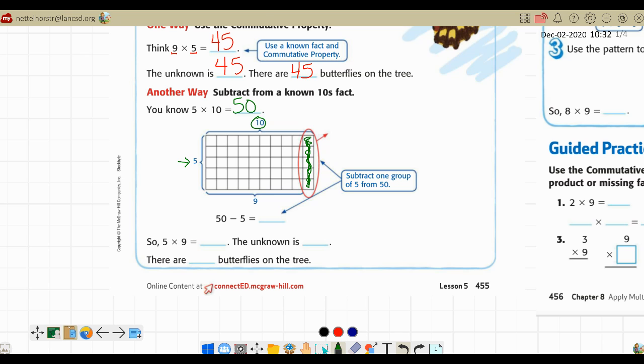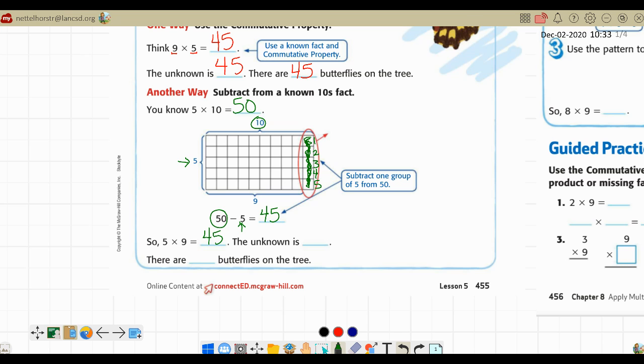So if I subtract 1 from each group, then I have 50 minus 5, which is 45, because there's 5 boxes here. 1, 2, 3, 4, 5. So 50 is what 5 times 10 is. I crossed out 5 boxes. I took those away. So 50 minus 5 is 45. So 5 times 9 is 45.